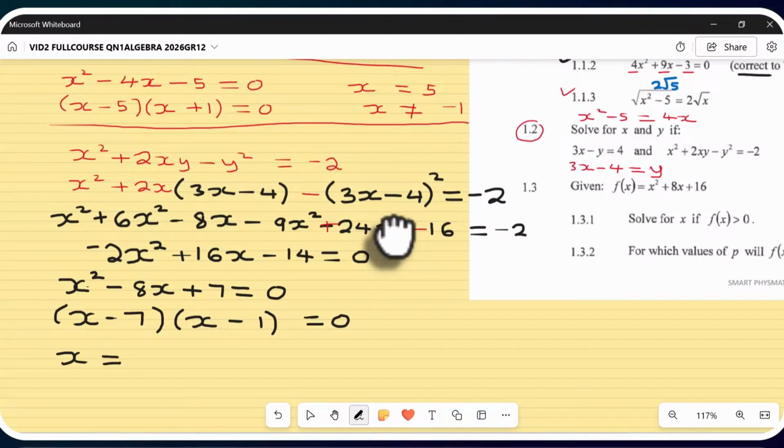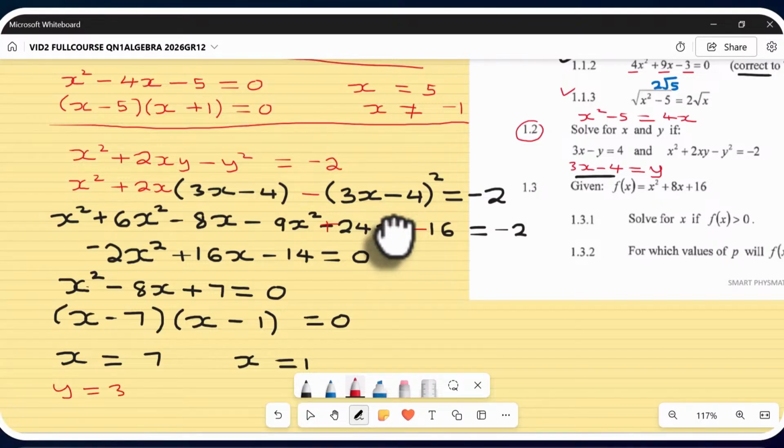So we have y equals negative 1 and 17, and for x we got 7 and 1, okay? That is it, guys. Hope we get that. Our next question here, 1.3.